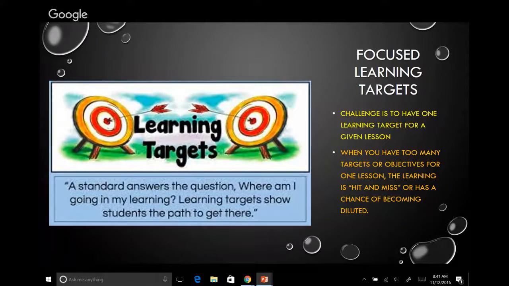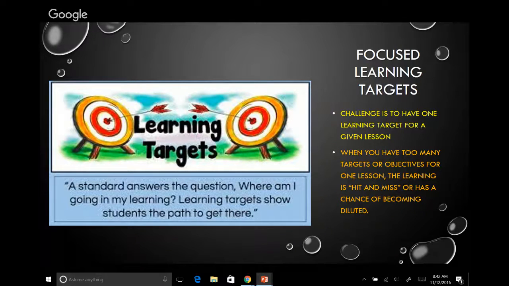And this is where the what, how, why for each lesson comes in. This is about individual lessons. The challenge is to have one learning target for a given lesson. I know we want to make sure that our students are working on their psychosocial behavior, and we want them to be physically fit during all of our lessons, and we want them to warm up correctly, and learn motor skills and concepts.